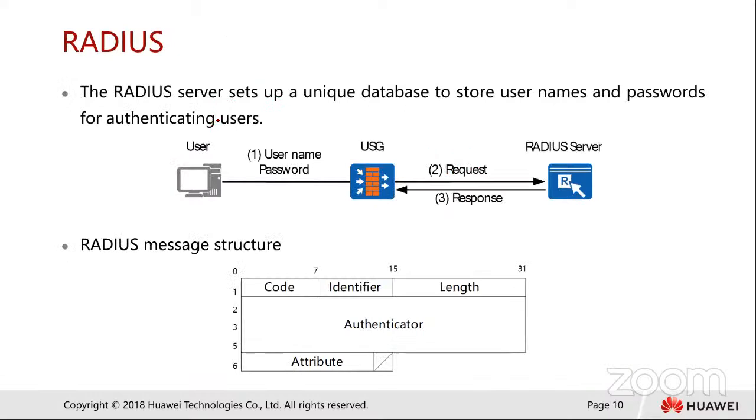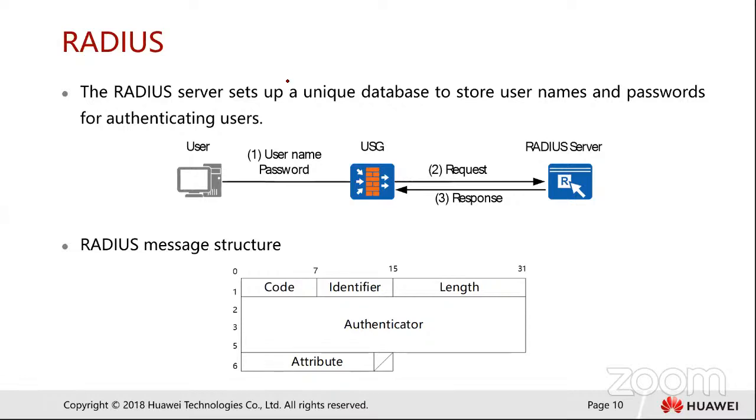So we want to look at RADIUS, and we're saying that RADIUS is one of the most common protocols used in the implementation of AAA. It is widely applied in network access server systems, and it defines how user authentication and accounting information and results are transferred between our network access server and our RADIUS server.